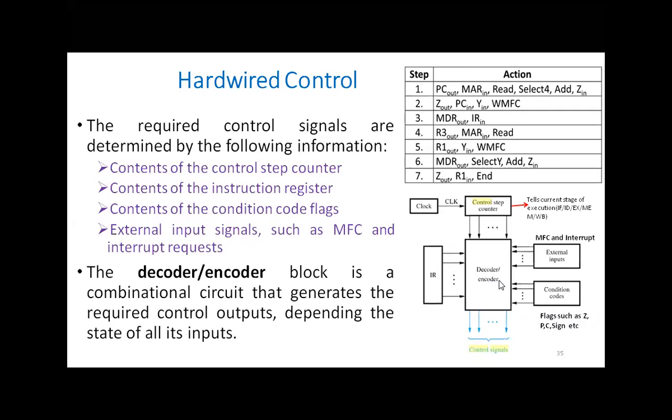For that instruction, the control signals are generated, taking all these inputs. Which stage it is in now is taken from this component, external inputs are taken from here, and the condition codes are taken from here. Taking all these into account, the control signals are generated here.